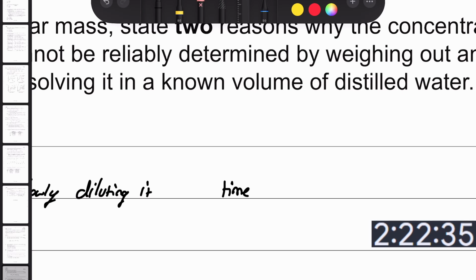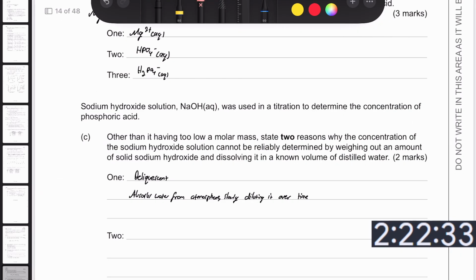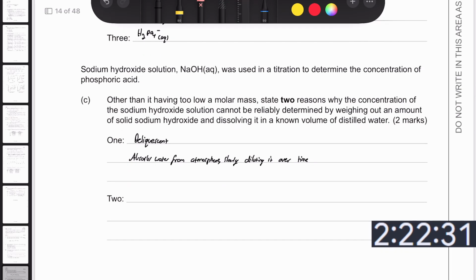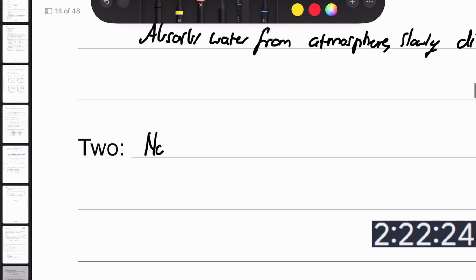And then a second reason, wow, this is mean, other than having too low a molar mass. Not readily available in pure form. Wait, is it? I'm not sure if it is.